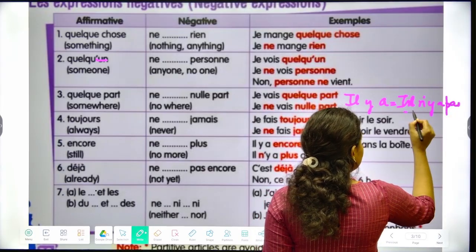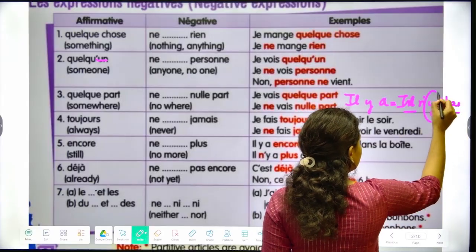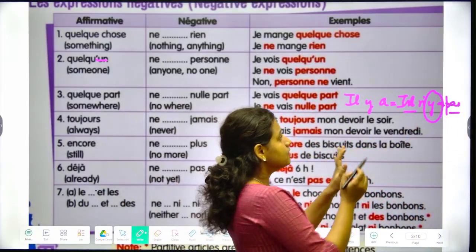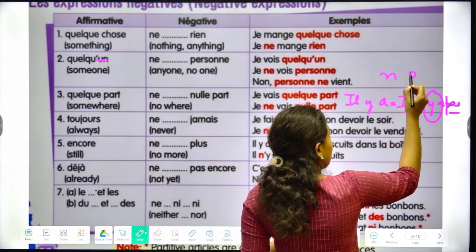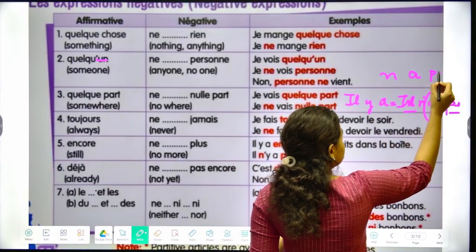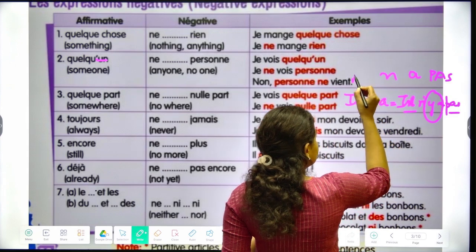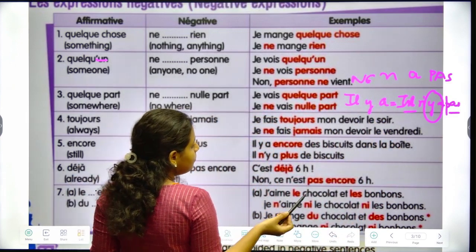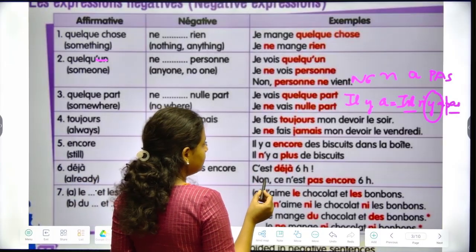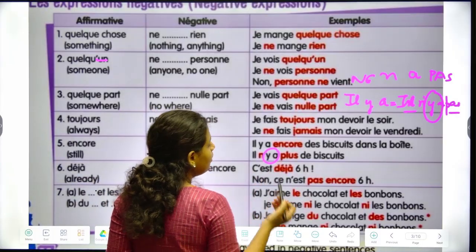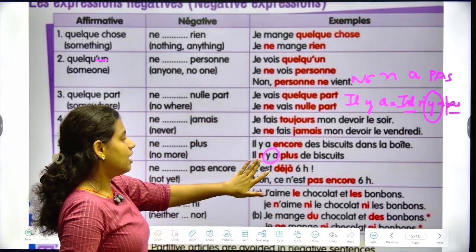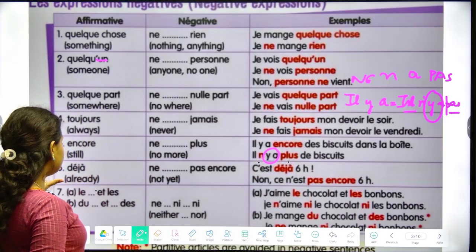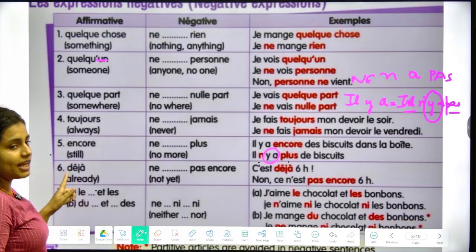That is, in between the markers we have the pronoun y and the verb a. And that is what we did here. We have put the pronoun and the verb between the markers, that is, ne and plus. Clear?